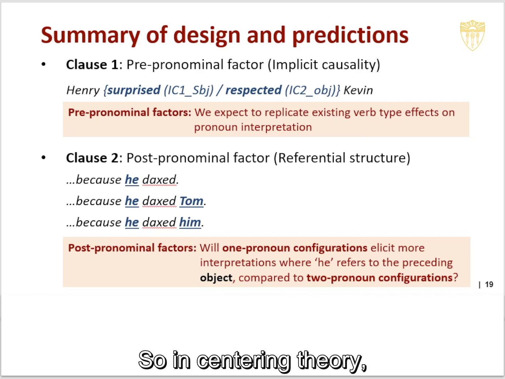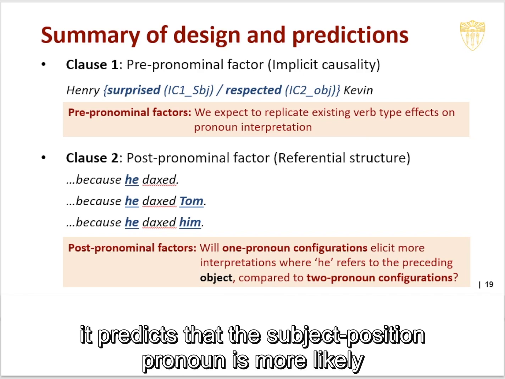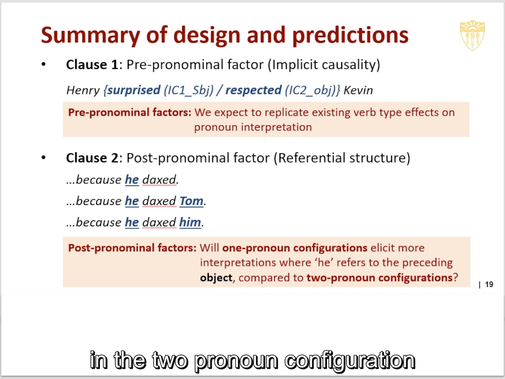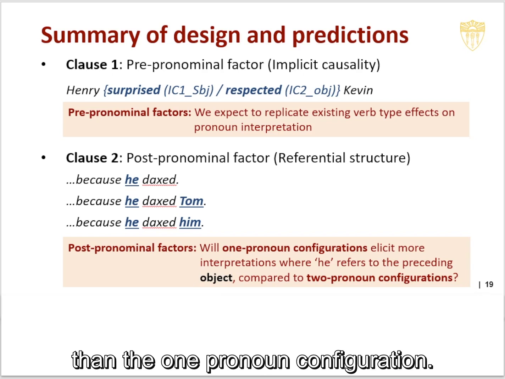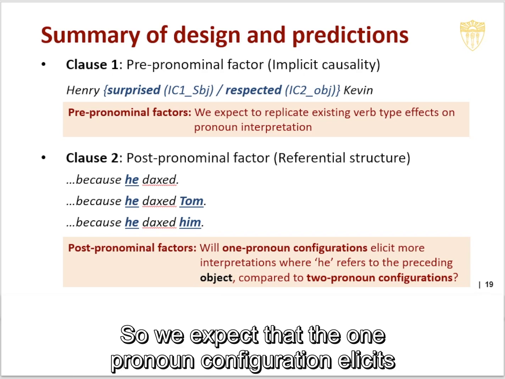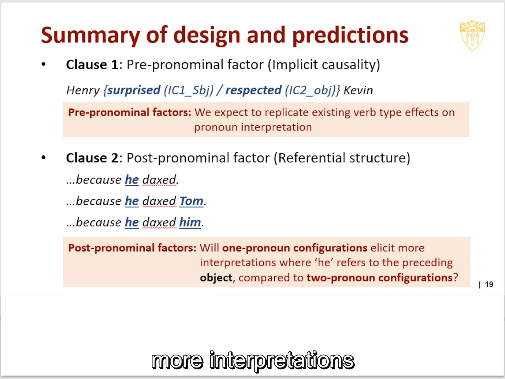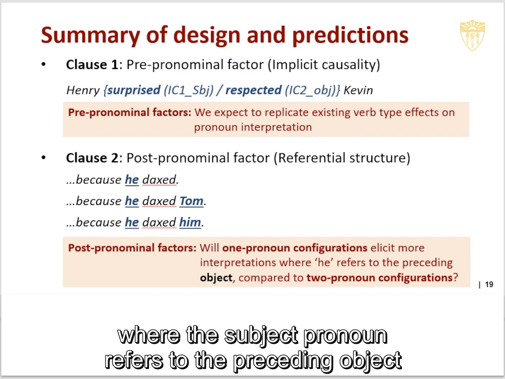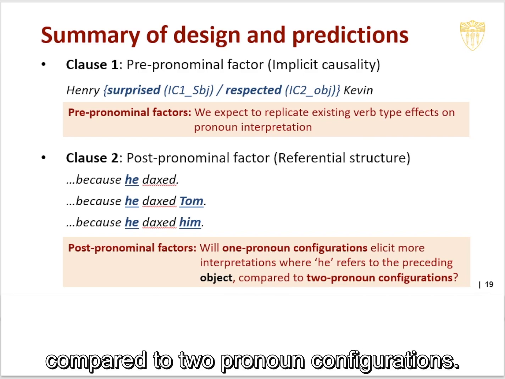As we saw in centering theory, it predicts that the subject position pronoun is more likely to refer to the subject antecedent in the two pronoun configuration than the one pronoun configuration. So we expect that the one pronoun configuration elicits more interpretations where the subject pronoun refers to the preceding object compared to two pronoun configurations.